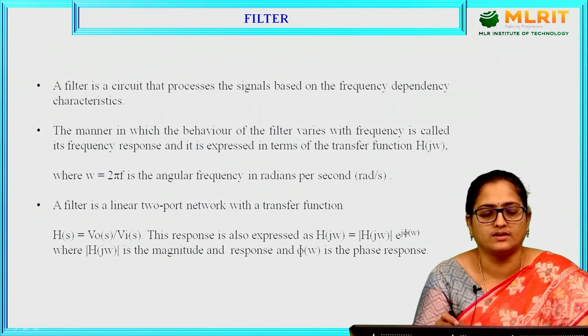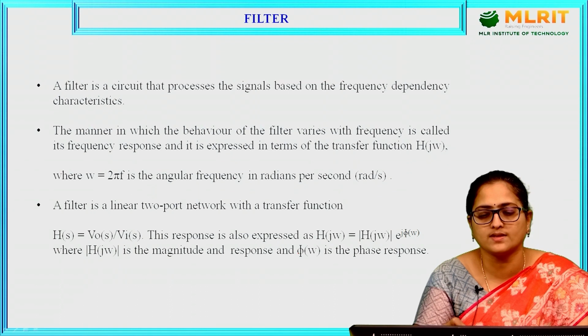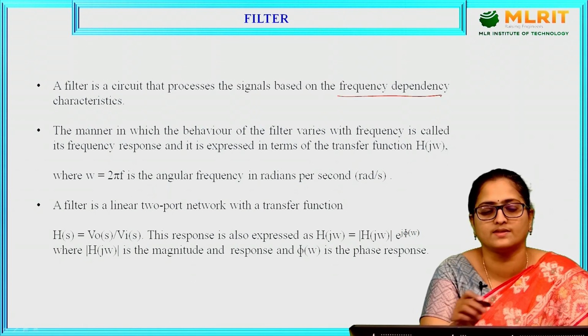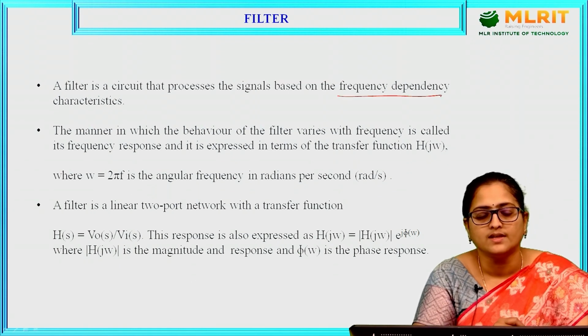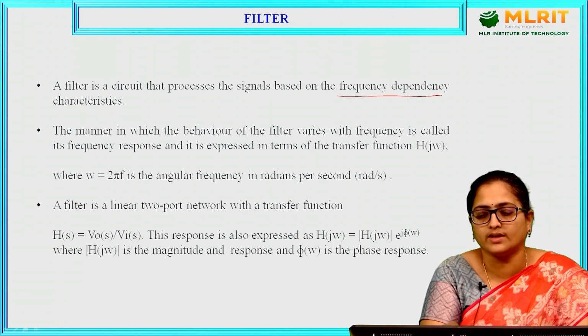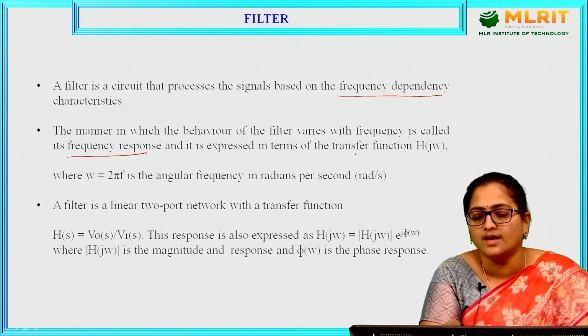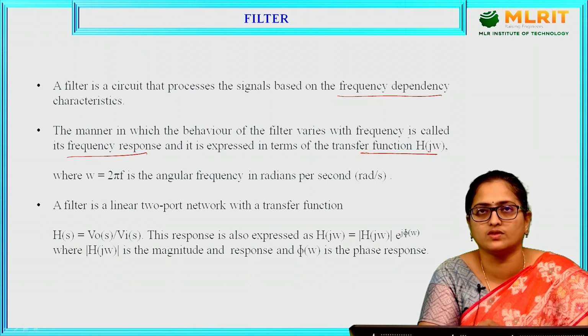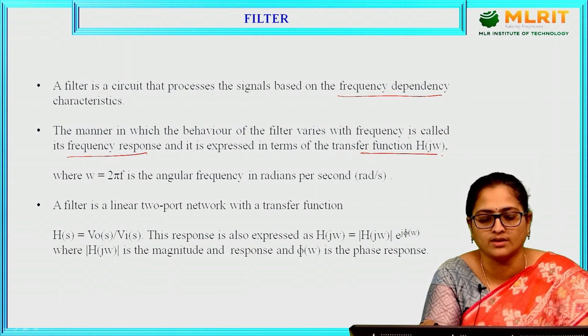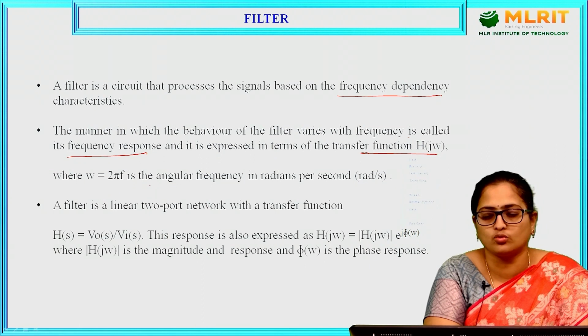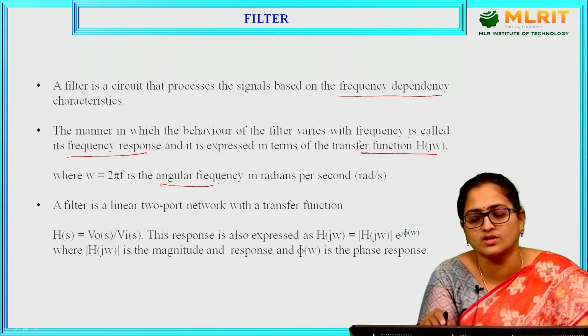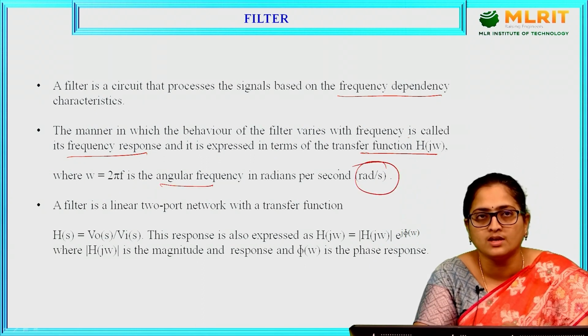Coming to the filter: a filter is a circuit that processes a signal based on frequency dependent characteristics. The manner in which the filter varies with frequency is called its frequency response, and it is expressed in terms of the transfer function H(j omega), where omega equals 2 pi f is the angular frequency in radians per second.